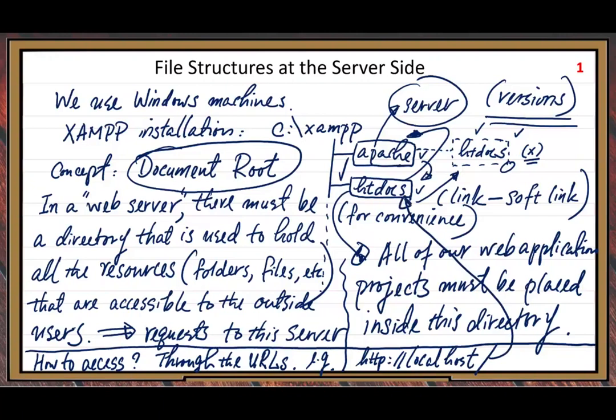After htdocs, you may have a folder inside. Suppose you have a project 1. Each project we use one folder, one folder to hold everything related to one project. Let's assume inside this folder we create another folder called project 1. So how to access project 1?